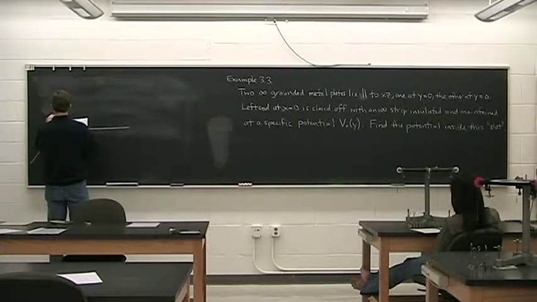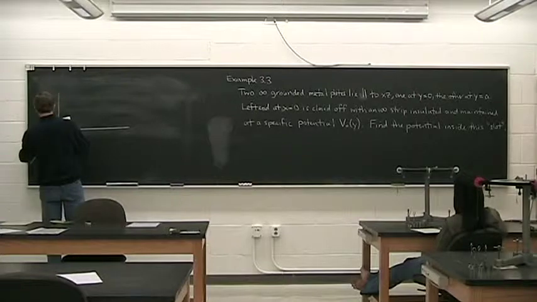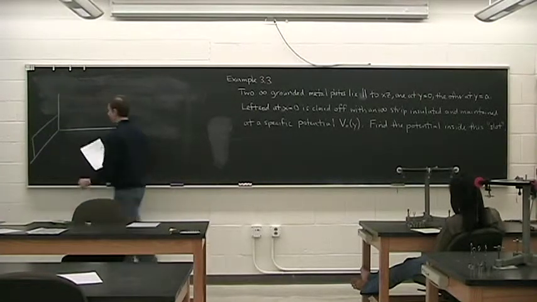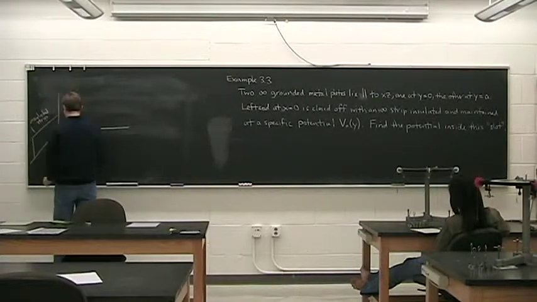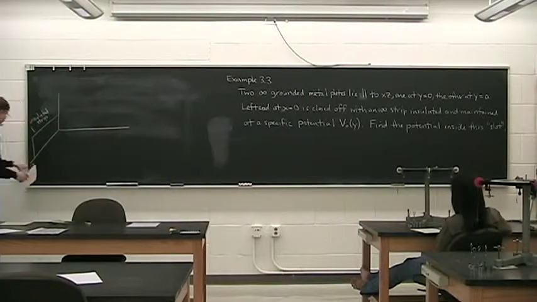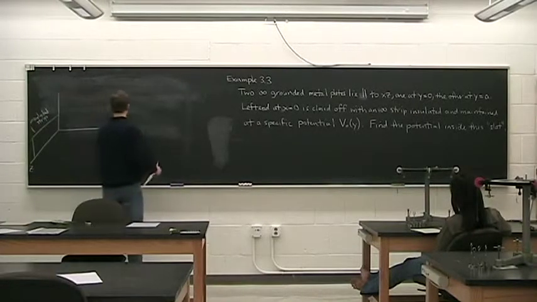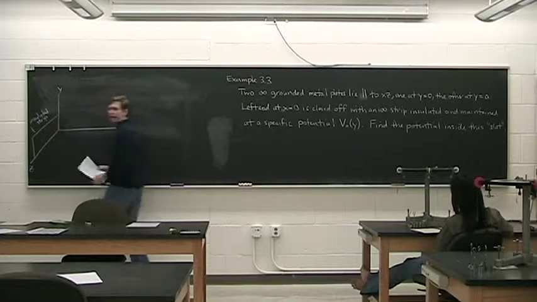So here's the strip, the insulated strip. That's the z-axis, and here are the x and y axes.